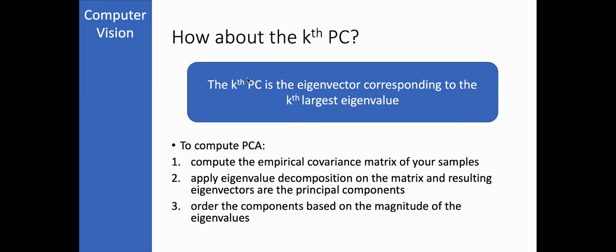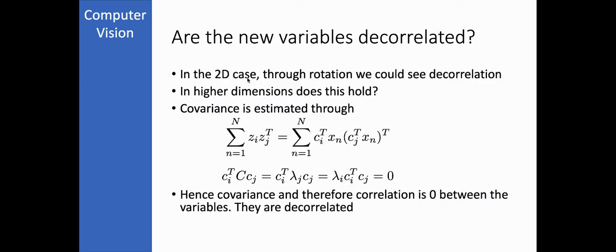That's it. Now you can ask, are these new variables decorrelated statistically? In the 2D case, the decorrelation was very obvious. Through rotation, we could see that Z2 and Z1 no longer had any information about each other. In higher dimensions, does this hold? We can estimate the covariance using our sample again.